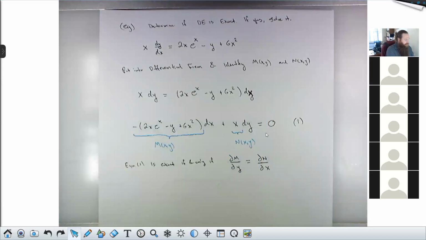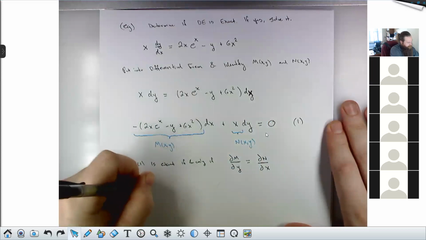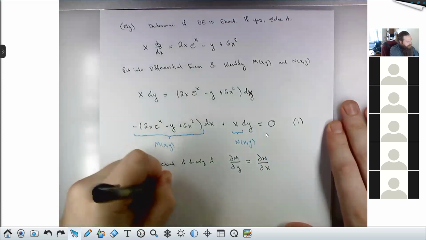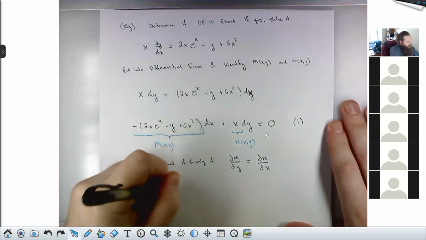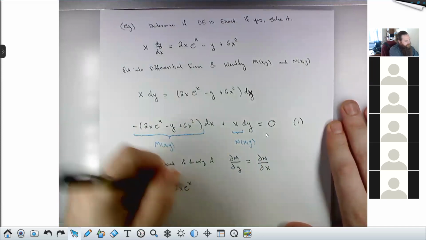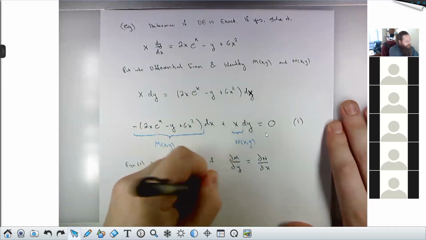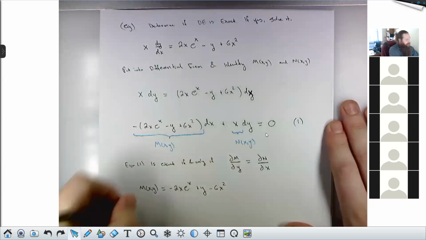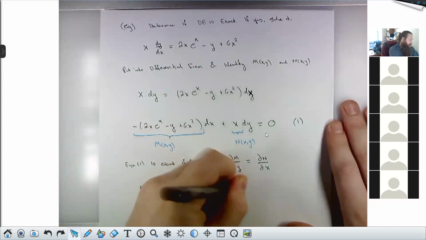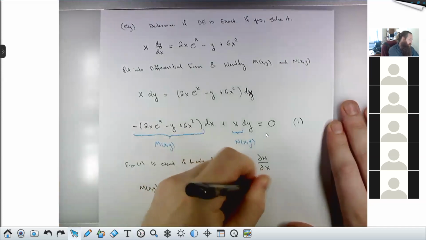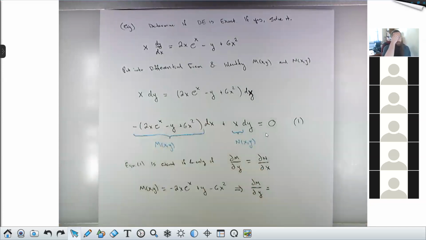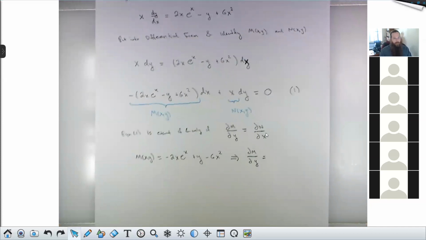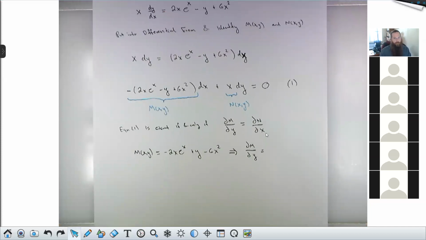I'm going to simplify M a little bit by distributing that negative. That's negative 2x e to the x plus y minus 6x squared. So what is dM/dy? Plus 1.